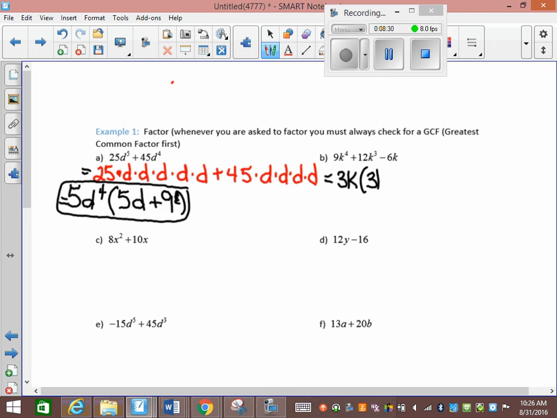That's k^3. Plus sign. 12 divided by 3 is 4. k^3 divided by k is k squared. Minus 6 divided by 3 is 2. k divided by k is 1, so it's 2 times 1.